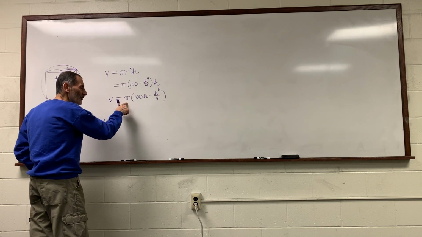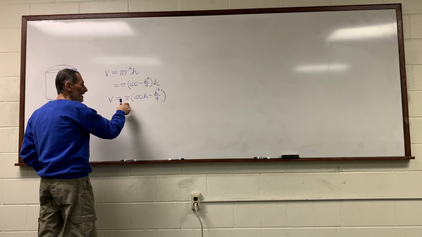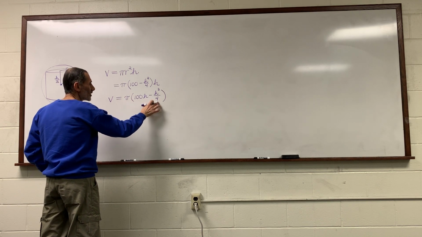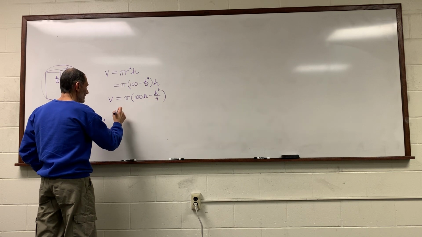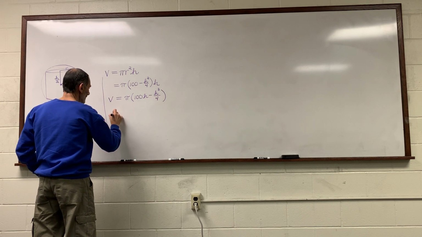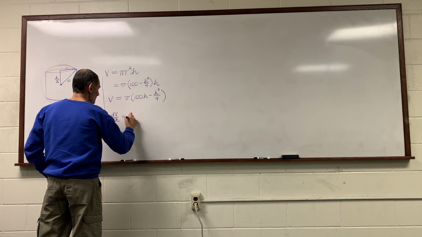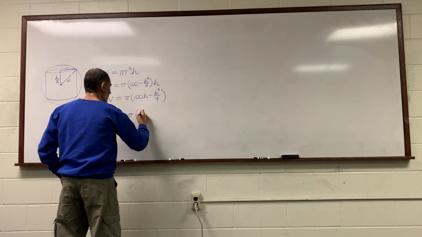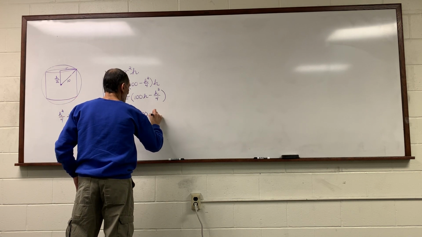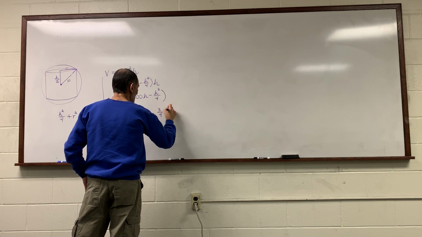Note, I am not multiplying through by pi. The pi would not change the critical number, so there's no point in complicating this portion. dV/dH equals pi times 100 minus 3/4 h squared.